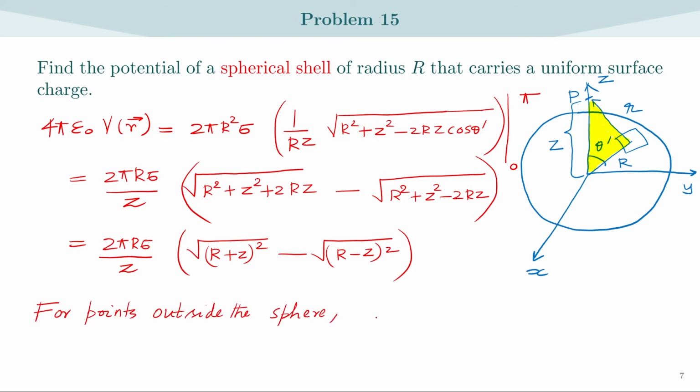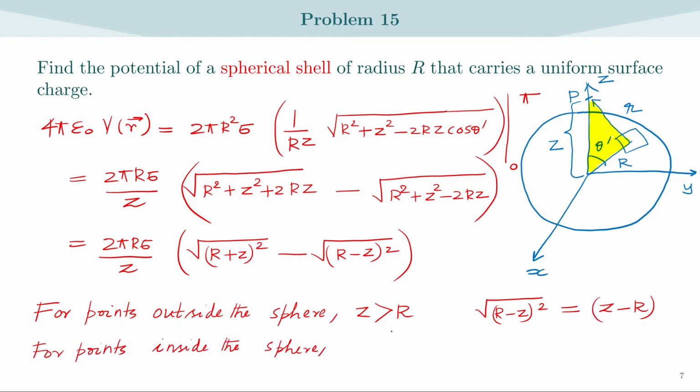For points outside the sphere, we have z greater than R, and in that case, we take √((R − z)²) as equal to z − R. For points inside the sphere, we have z less than R, and in that case, √((R − z)²) will be taken as R − z.